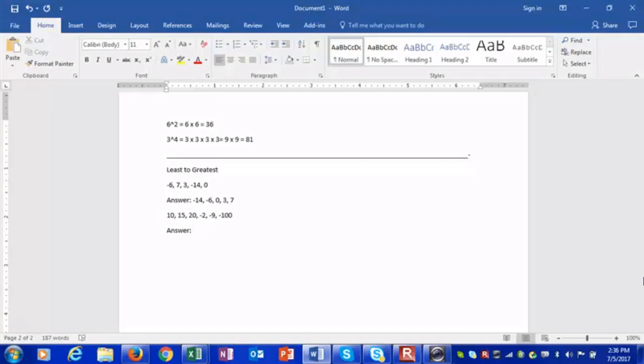Again, we start from our highest negative, come all the way down to 0, if 0 is mentioned in our sequence, and then go all the way out to the positive numbers. So, our highest negative is negative 100. Our next highest is negative 9. Our next highest is negative 2. After that, of course, if 0 were mentioned, it would be right here. But 0 is not mentioned. So now we go to what is closest to 0, 10, then 15, and then 20.